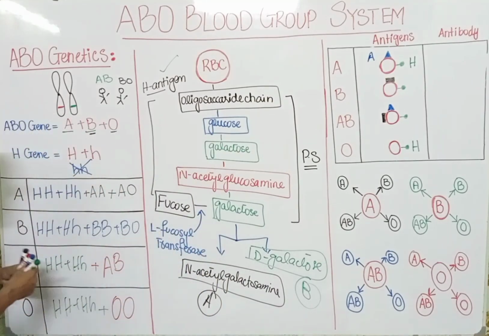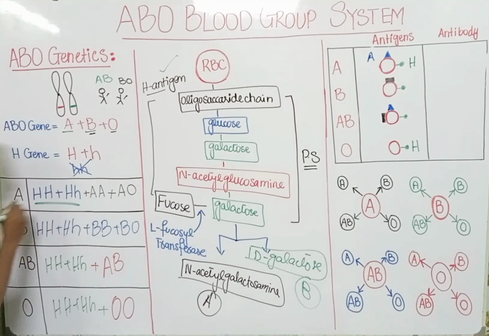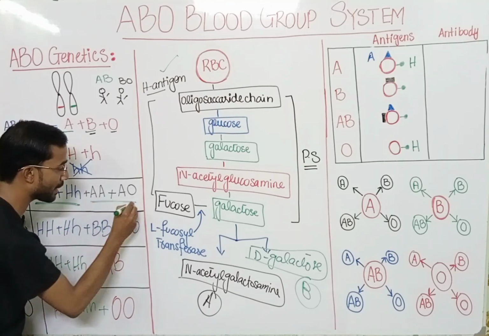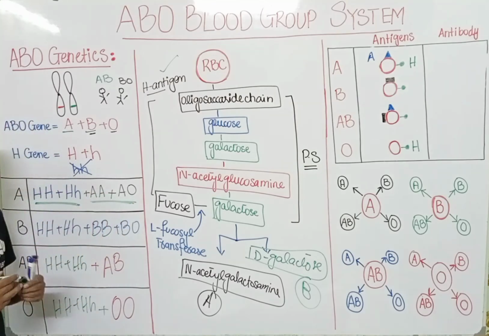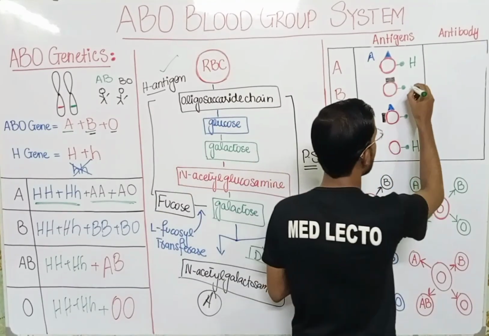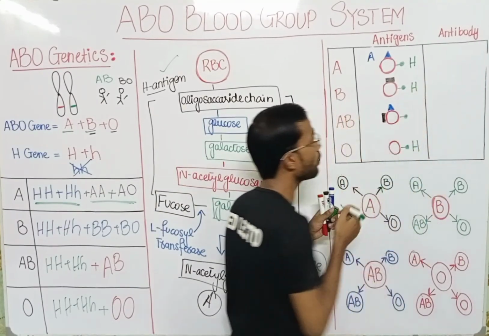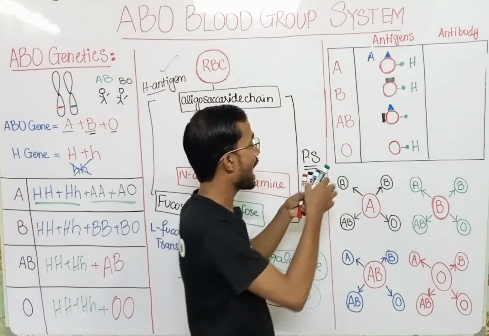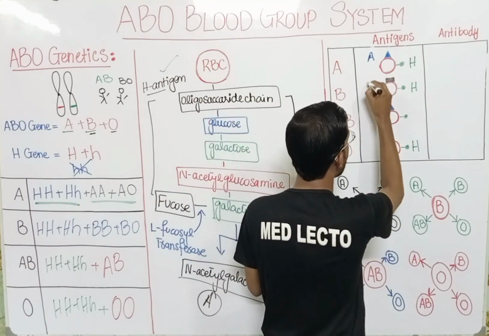Because the H antigen is represented due to the presence of this gene, and the A antigen will express due to the presence of any one of the pair. So this is case one. Second is the B blood group, having the H antigen on the surface of the RBCs and the B antigen.